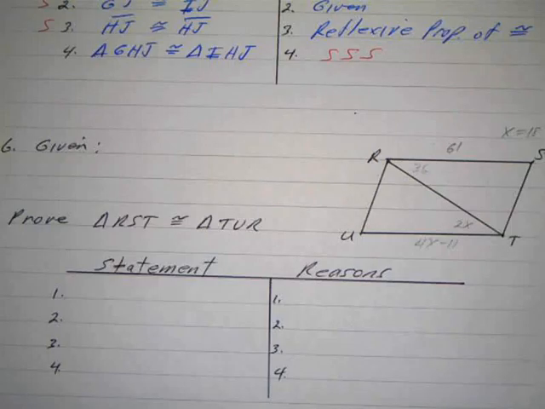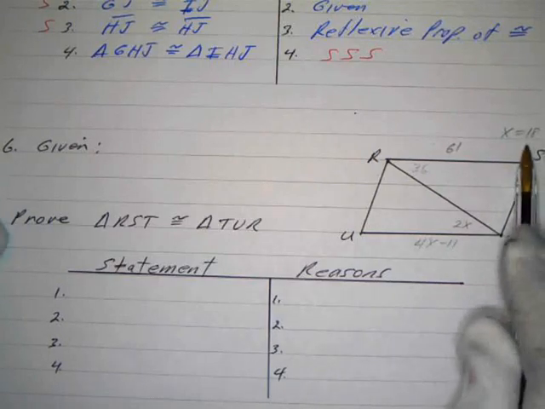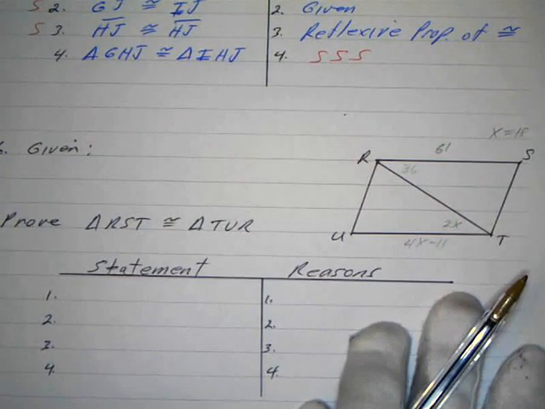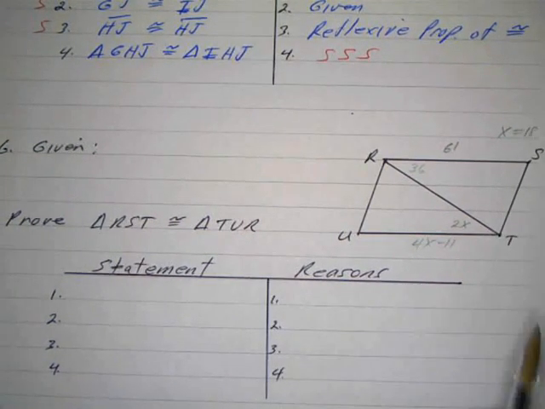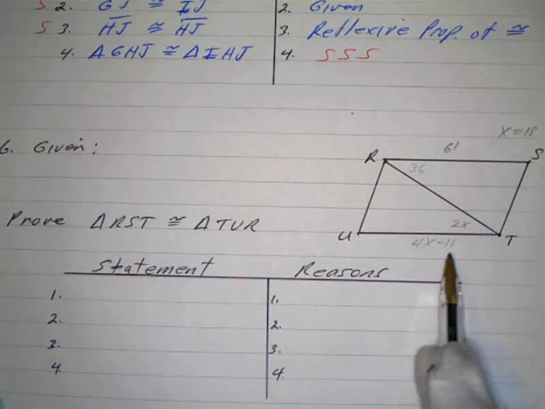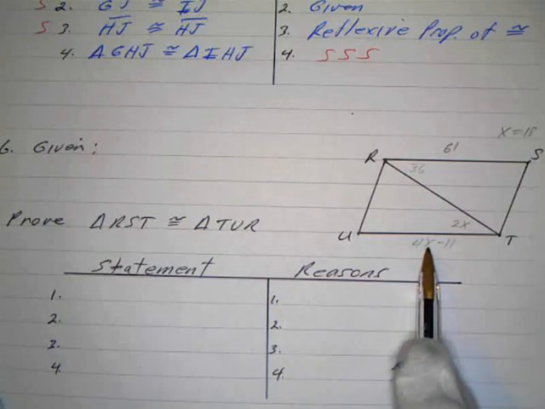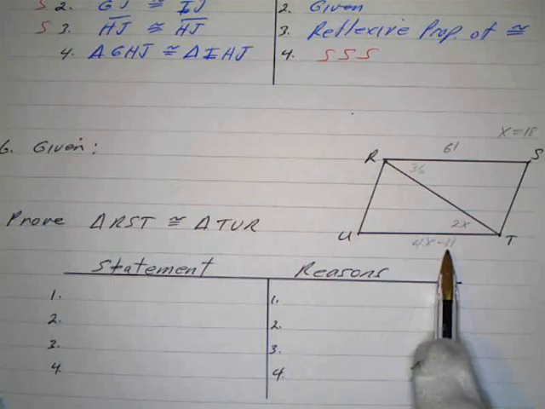And again, what we have over here is that x is 18. They tell me that x is 18. You can see all this over here. X is 18, and this is 61, and this is 4x minus 11. Well, 4 times 18, 18 and 18 is 36, and 36 and 36 is 72. 72 minus 11 is what? 72 minus 11 is 61.